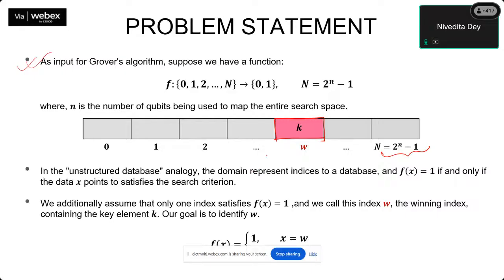Your linear search algorithm would take order of n time to find this. Say w is the one that you want to find, and k is its respective position where w resides. This can be done by Grover in order of root n number of queries.